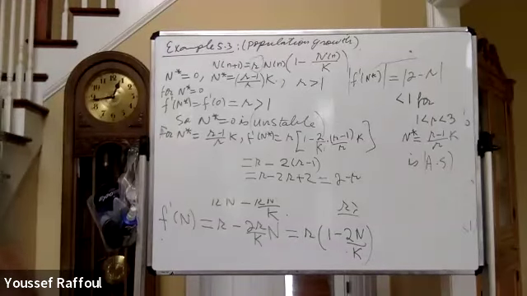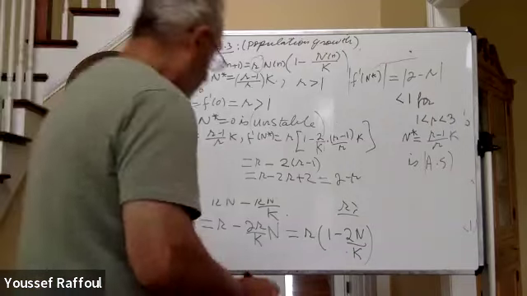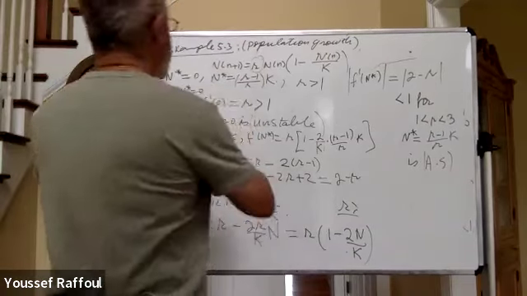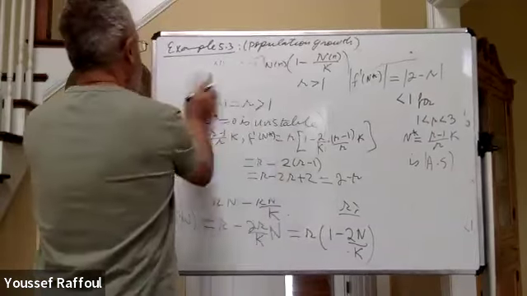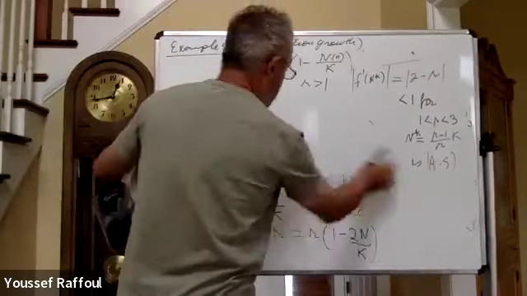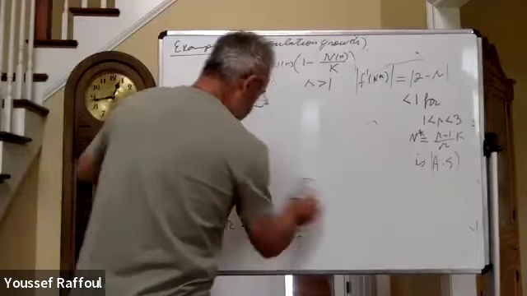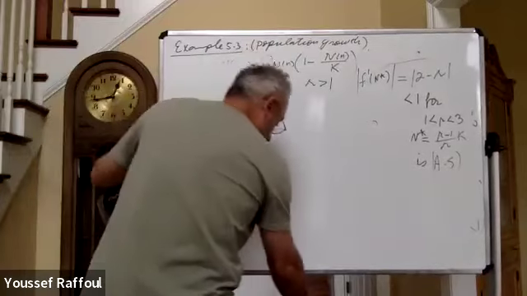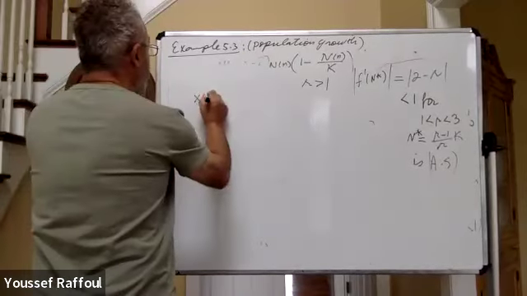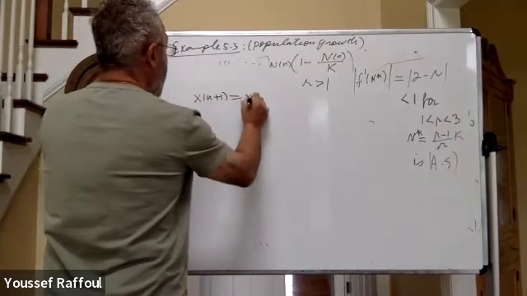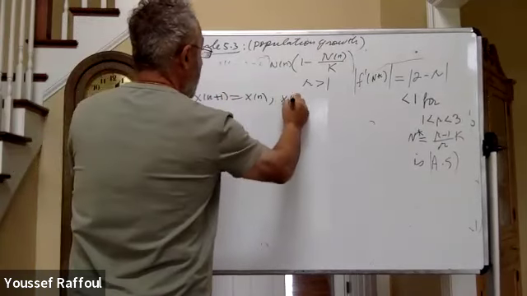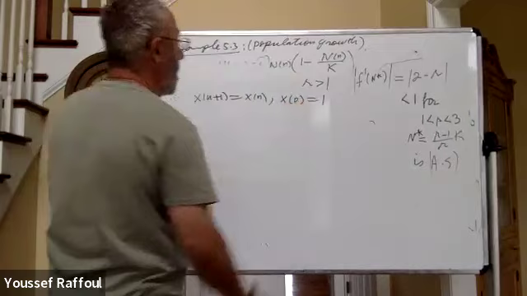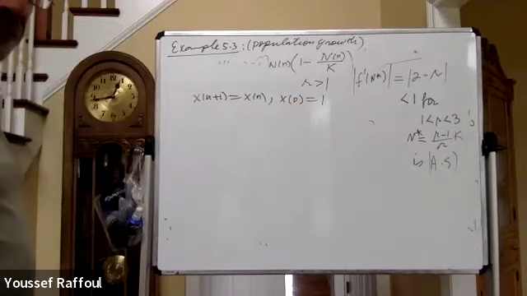For example, let's take x_{n+1} equal x_n with x(0) equal 1. You see what I mean?